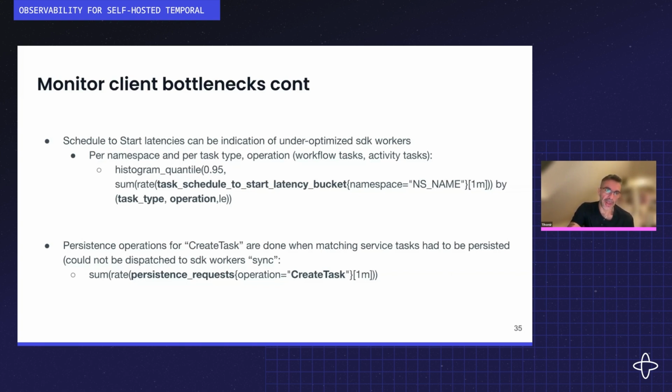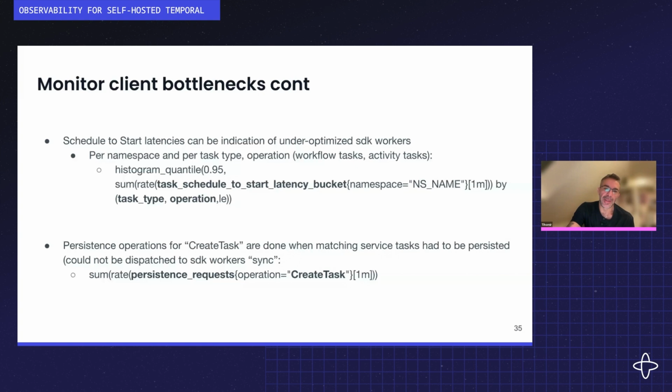So if we see high schedule to start latencies, especially for activity tasks, which can happen a lot, we have to start looking at the persistence request metric for operation create task. This operation is called when matching has to actually persist the task from the task queue to your persistence store, and that's going to put more pressure on our database.